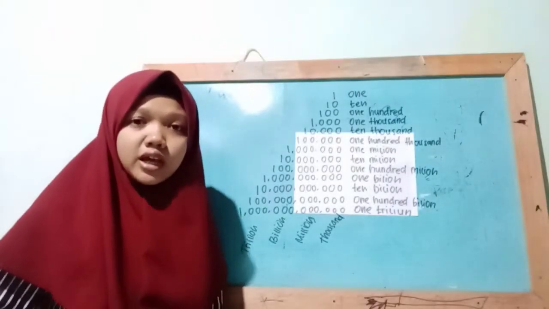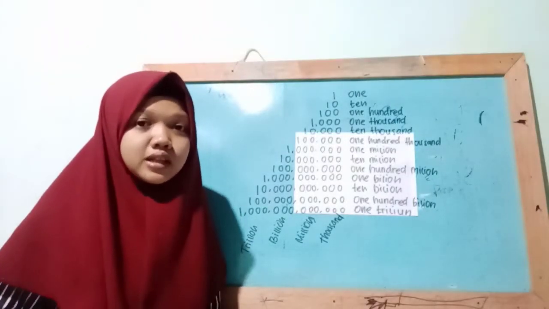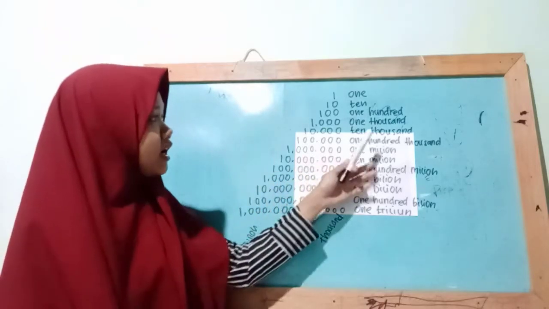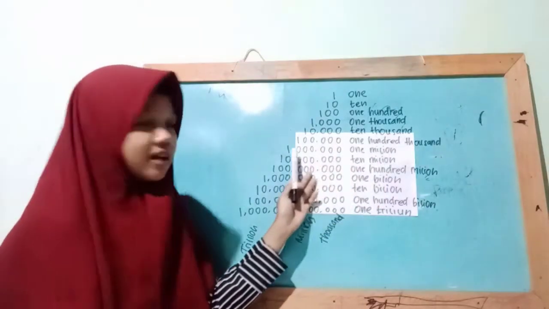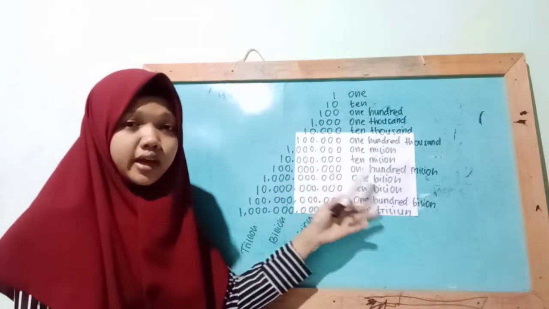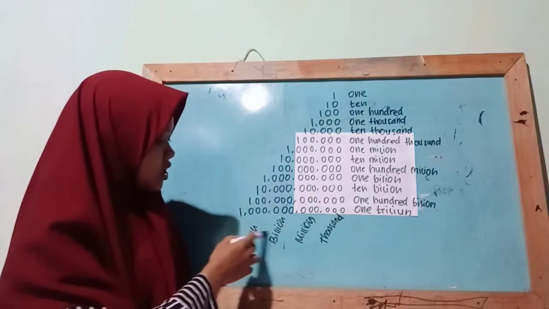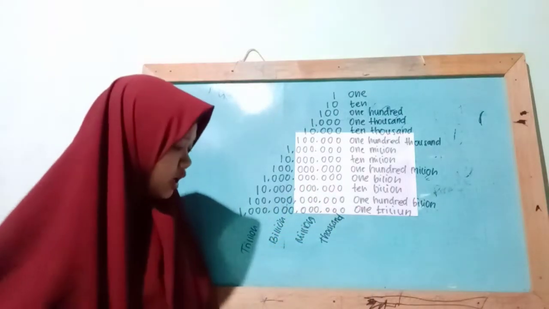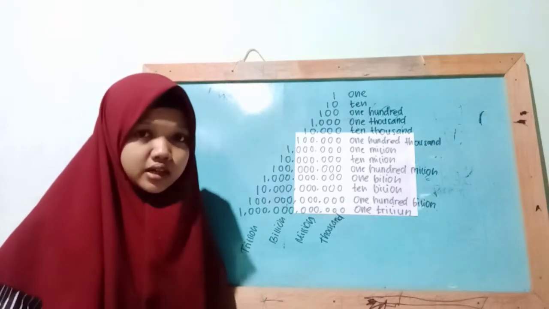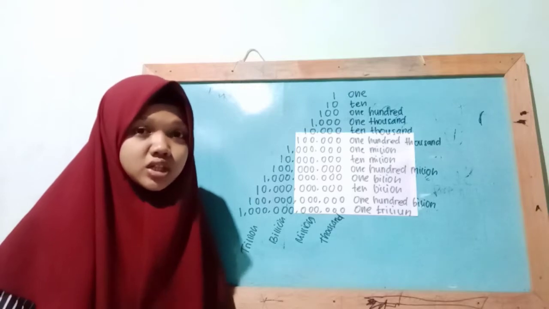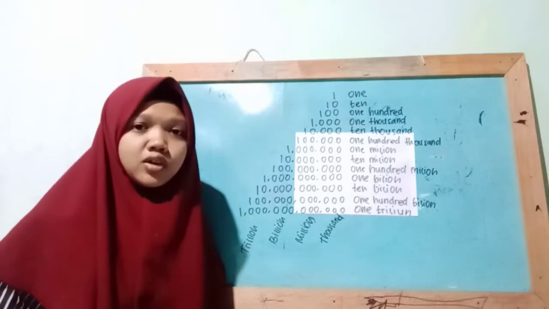Now I would like to talk about how to say large numbers. As you can see, I have written several numbers up on the board here, and please notice that, especially with these large numbers, I have written a comma between every third digit, starting from the right.